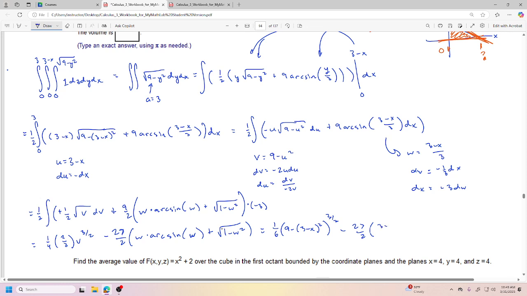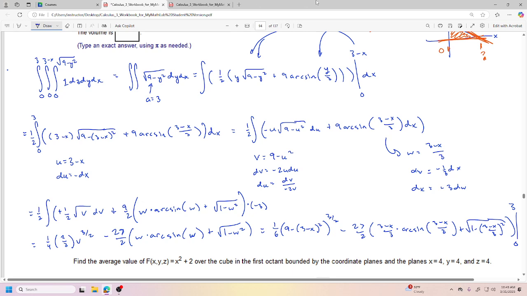This here is 3 minus x all over 3. Arc sine of 3 minus x all over 3, plus the square root of 3 minus x all over 3 squared, from 0 to 3.